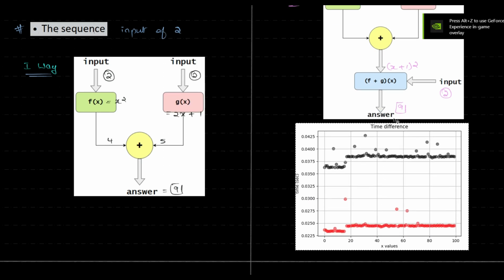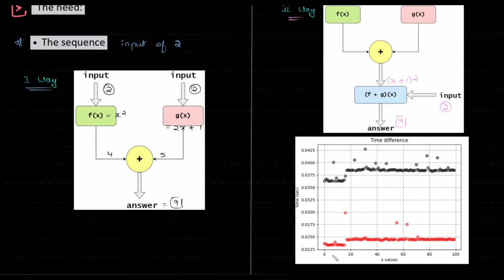This is a time difference graph. That's the title. So we're looking at time versus the domain value. Basically, instead of x value, I can call it domain, the set of values from 0 to 99, right? For the 99th value going through the second way, it took approximately 0.025 seconds, while in the first way it took around 0.038 seconds.